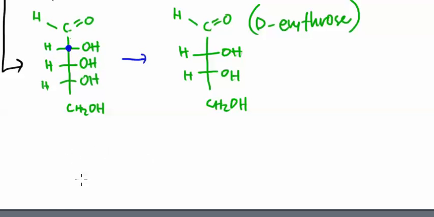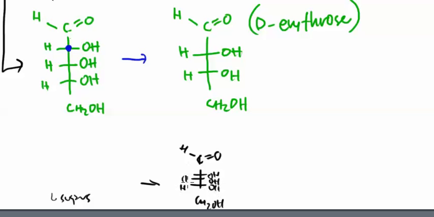So that means they want us to start off with 6-carbon sugars, because we want to end up with D-ribose in the end. We want to end up with a C double bond OH, CH2OH, and we want to end up with all of the OHs over here to the right, and we want to know what two sugars would allow that to happen for us.